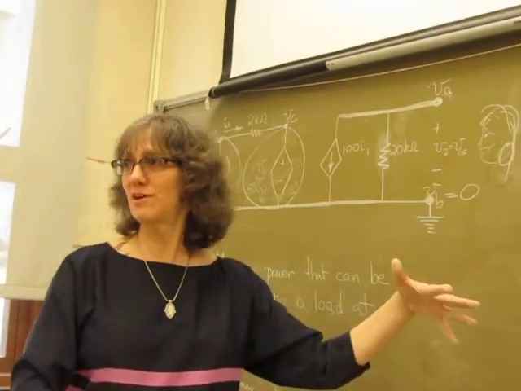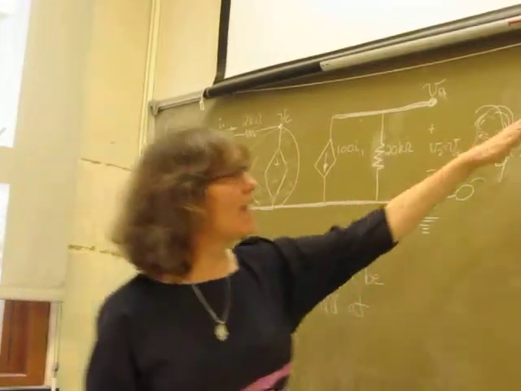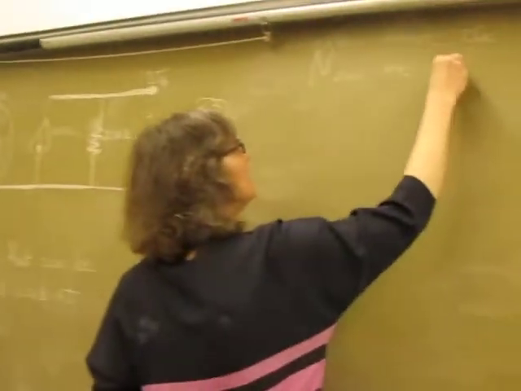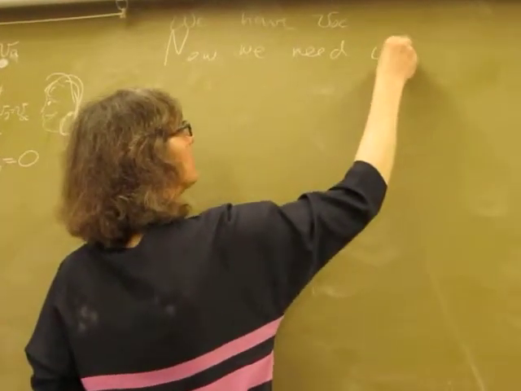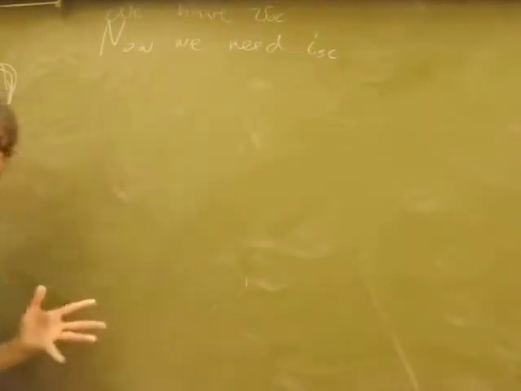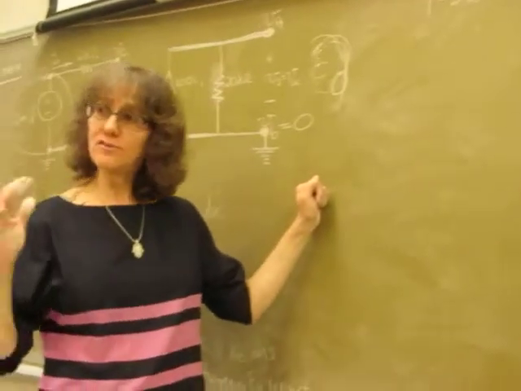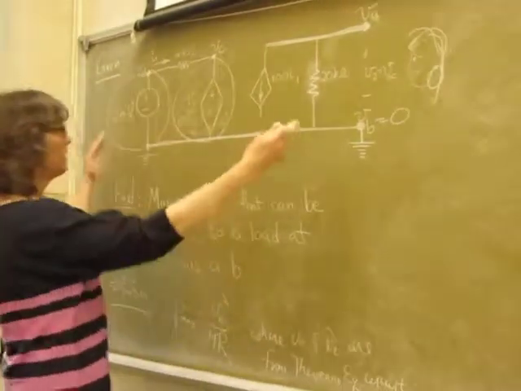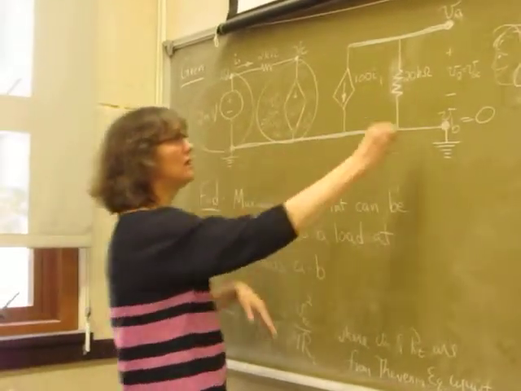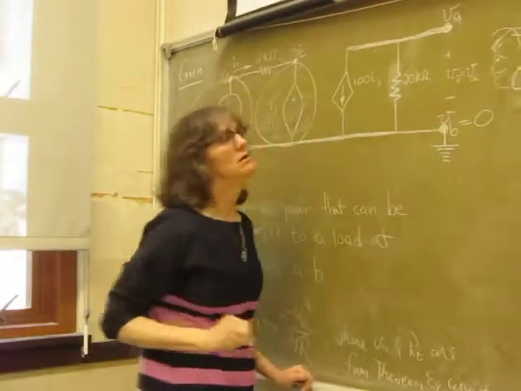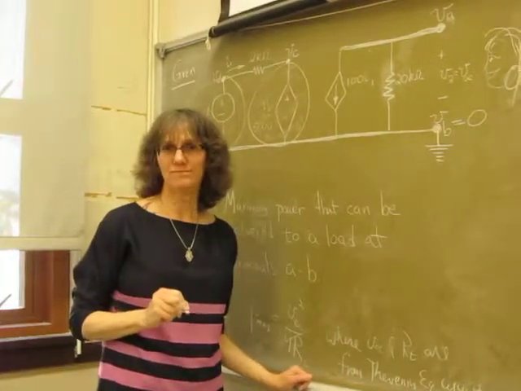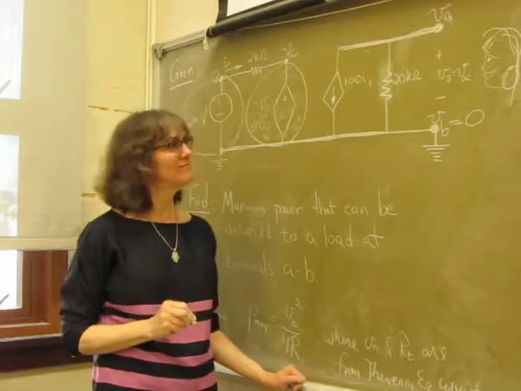You're not going to actually take the time to do it, but you can get it. We have VOC, now we need ISC. So the question is, how are we going to get ISC? We need to draw a new picture. Because the definition of ISC is you go to the original circuit and you short circuit it. Okay, pause.